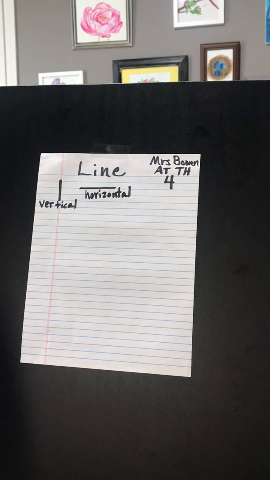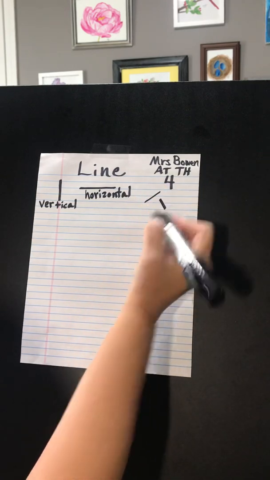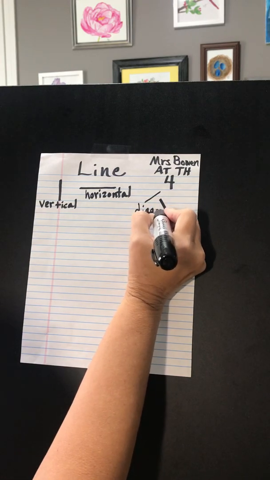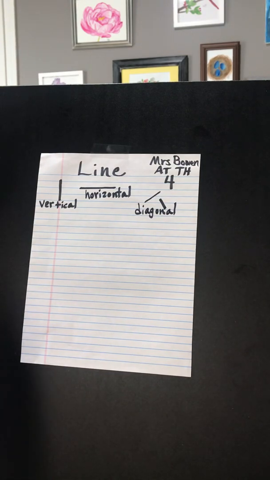The next kind of line we're going to talk about can either go this way or it can be slanted this way. Those are our diagonal lines. You may be thinking, where have I heard about these before? These are the same type of lines that you see in your math classes.